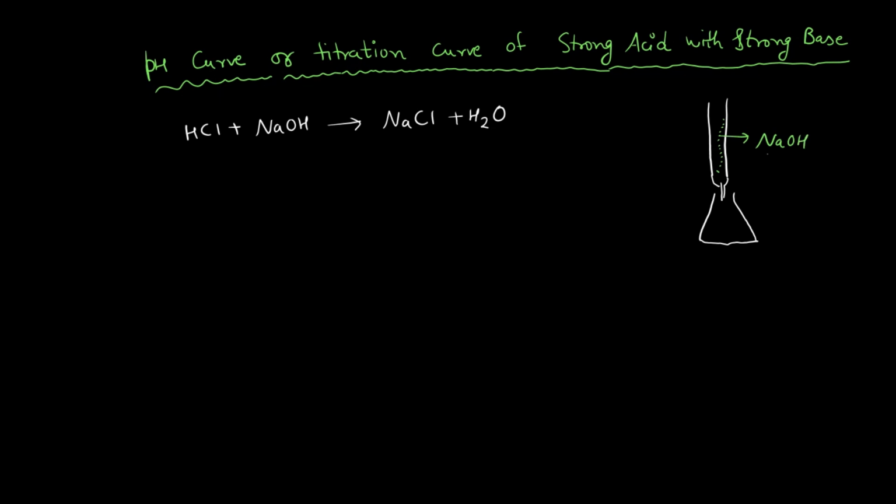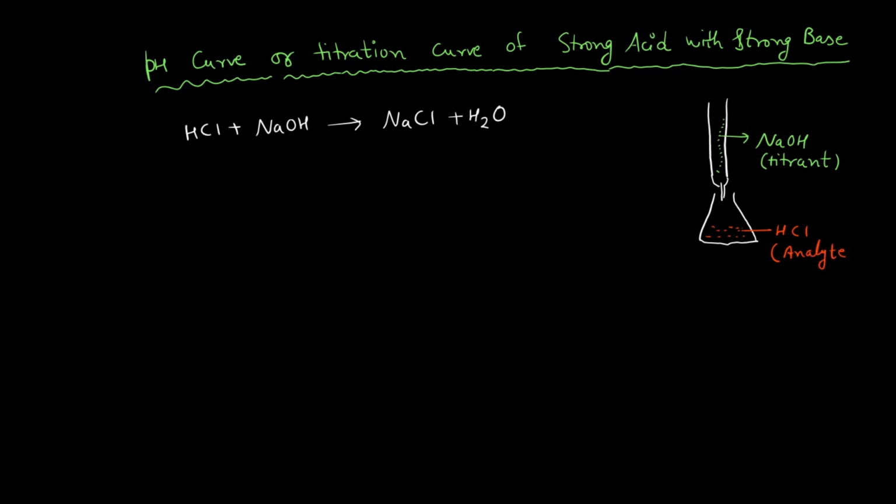Whatever we take in the burette, we call it the titrant. So the titrant is always in the burette. Now our acid is in the conical flask, which we have to neutralize with the sodium hydroxide, and the solution we take in the conical flask is called the analyte.